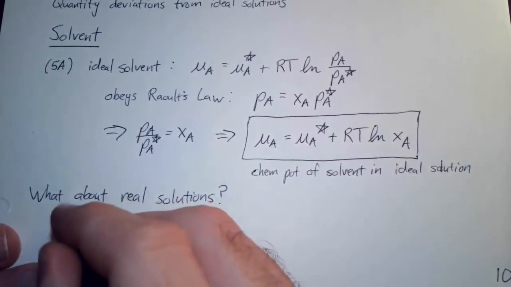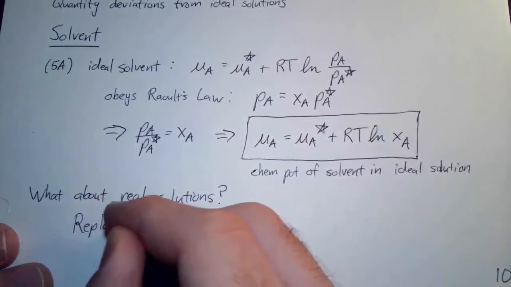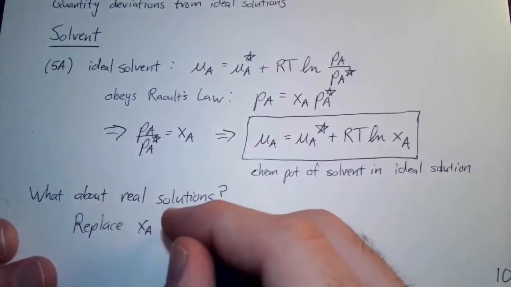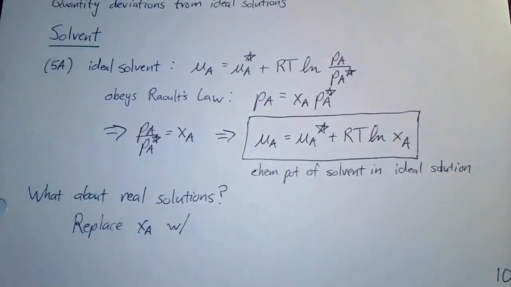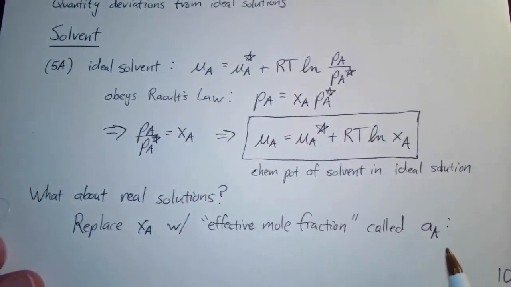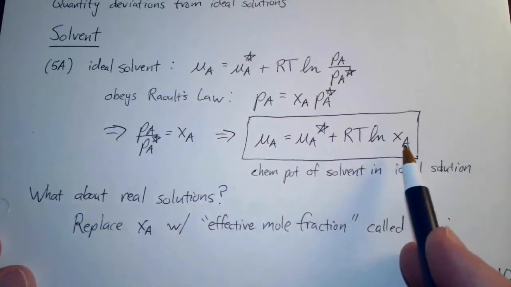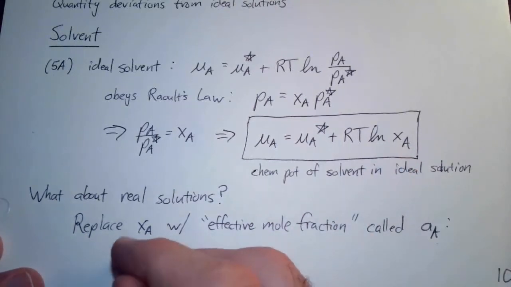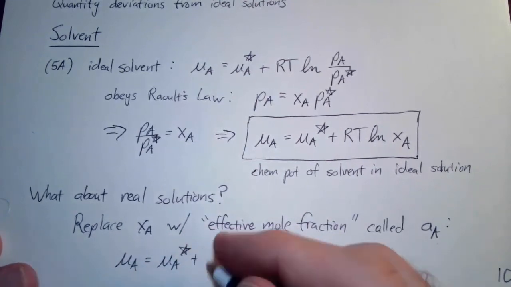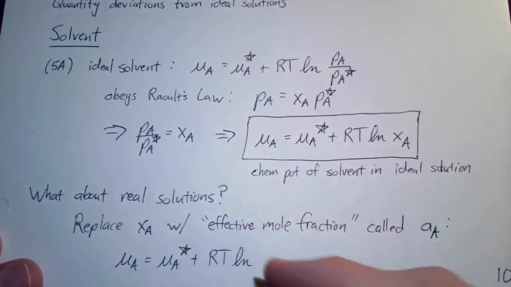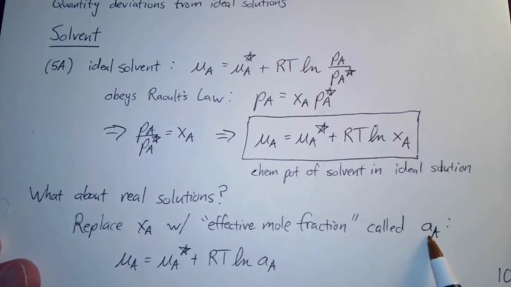And so we're going to replace XA with an effective mole fraction that we're going to call the activity. Okay, so for the activity of the solvent, we have A sub capital A. And making that substitution up here into our ideal solution formula, we get the formula for a real solution. And this is called the activity.